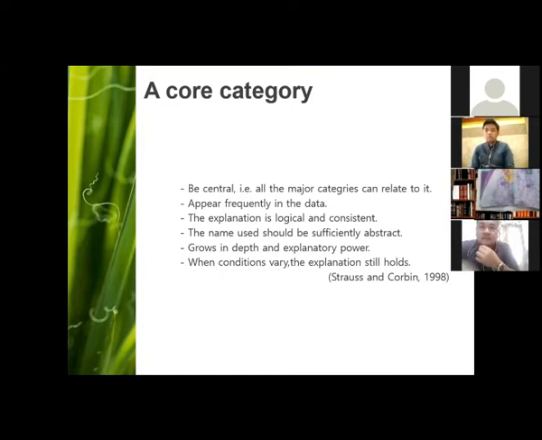A core category belongs to a list of detailed criteria that Strauss and Corbin identified for choosing a central or core category. The first is that it must be central, meaning that all the major categories can relate to it.